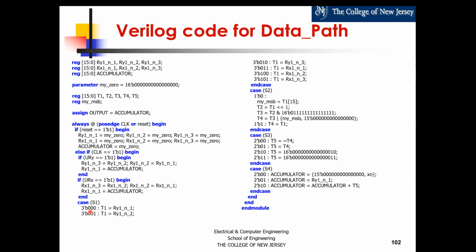If 0, that intermediate node is going to get the appropriate register according to the value of S1. This implements that mux at the top of the diagram, and then I keep going down towards the accumulator, just like I had in the block diagram.